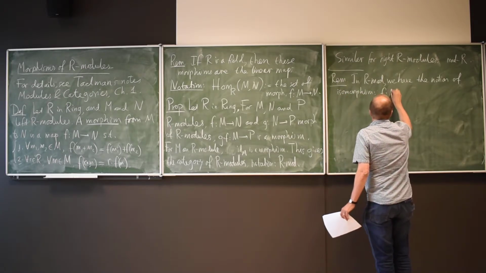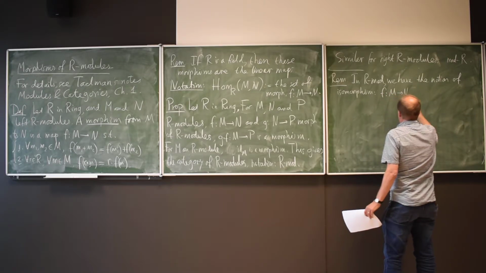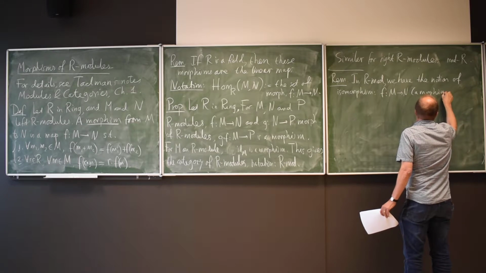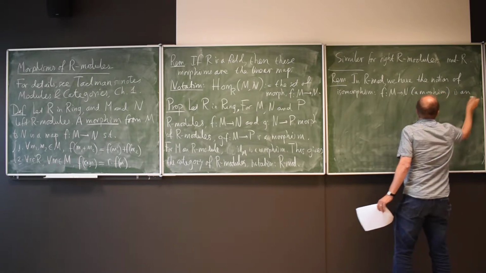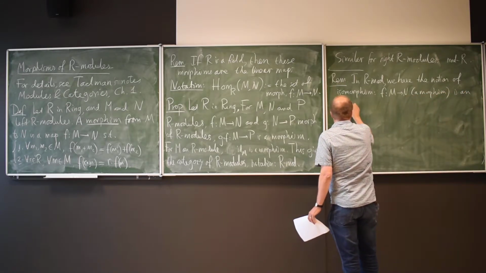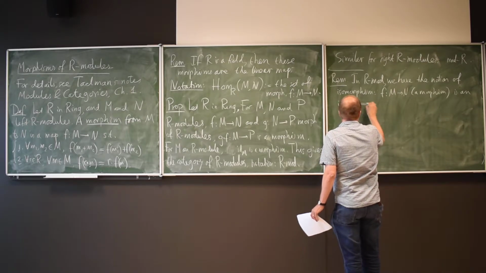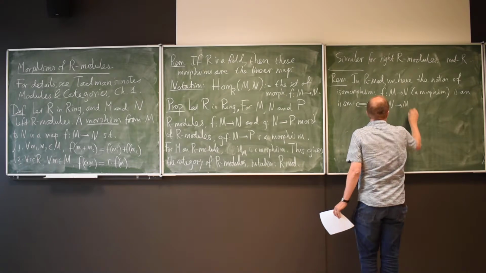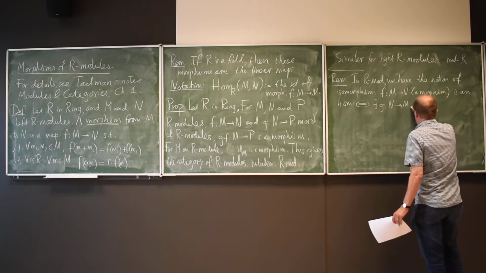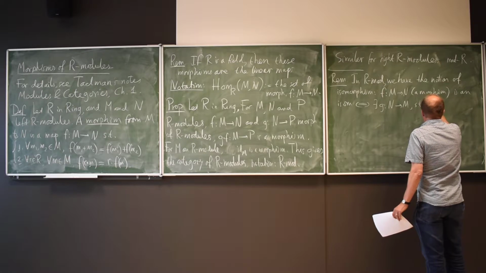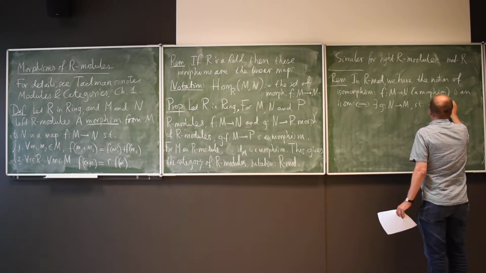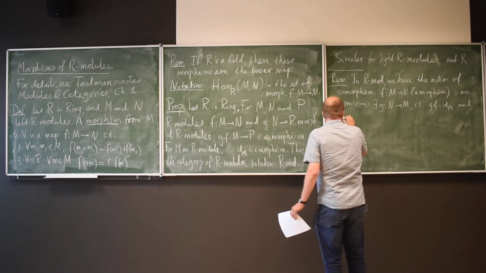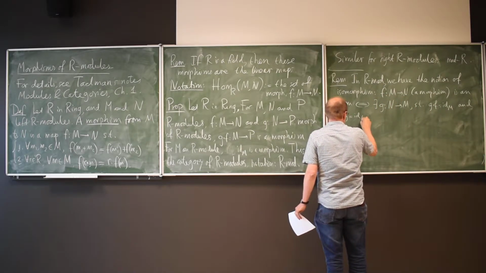F from M to N, a morphism, is an isomorphism if and only if there exists a G from N to M, a morphism, such that G composed F is the identity on M and F composed G is the identity on N.